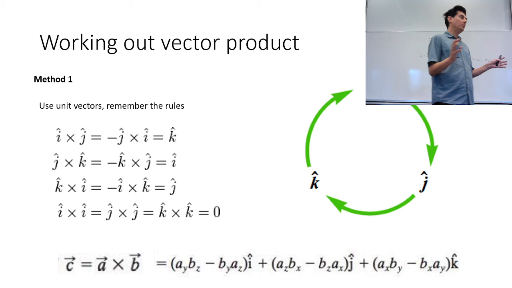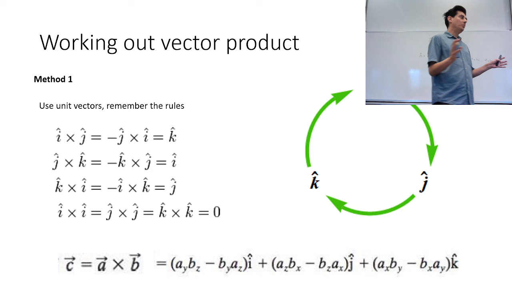So how about we do, instead of i times j, maybe we can do k times j. Right? Okay, so let's do k times j. So what is k times j? So unit vector k times unit vector j. So firstly, let's write down what these things are.